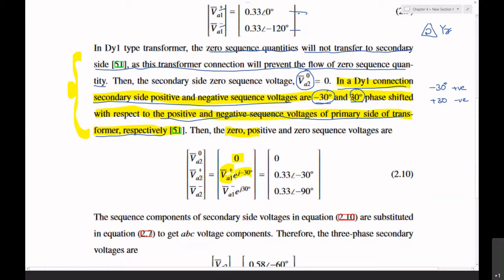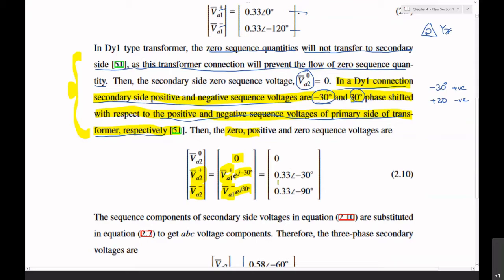Then the negative sequence voltage VA2 negative is written as VA1 negative times e power of j30.